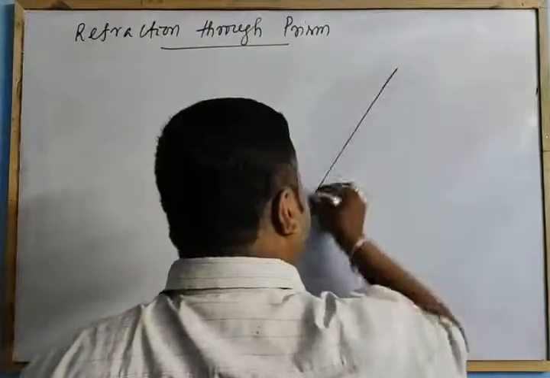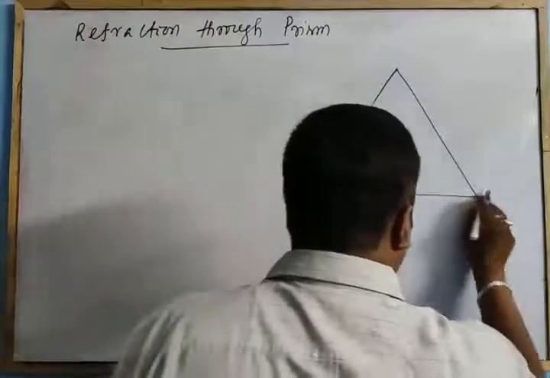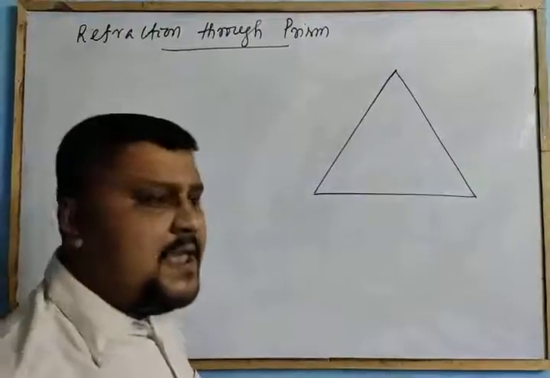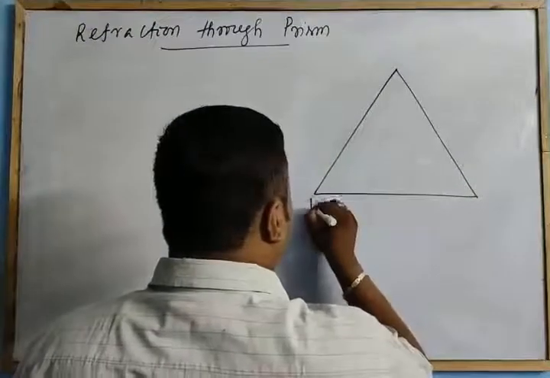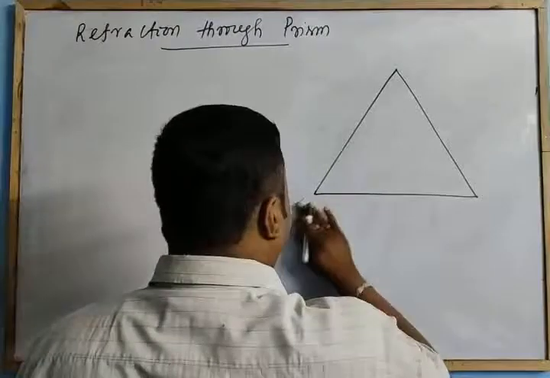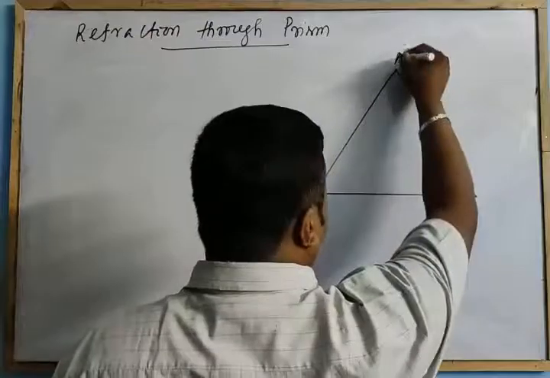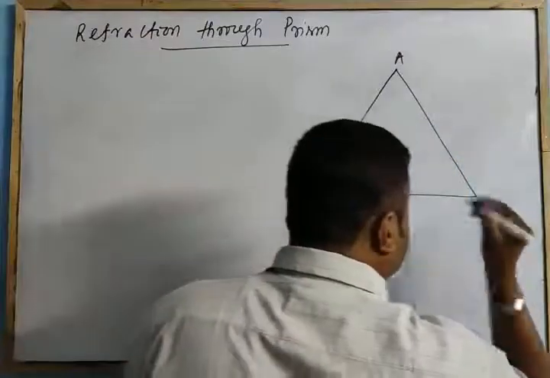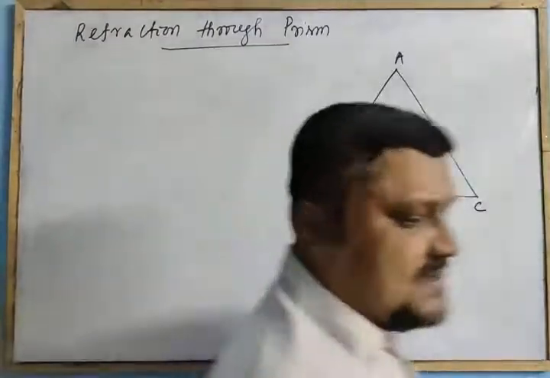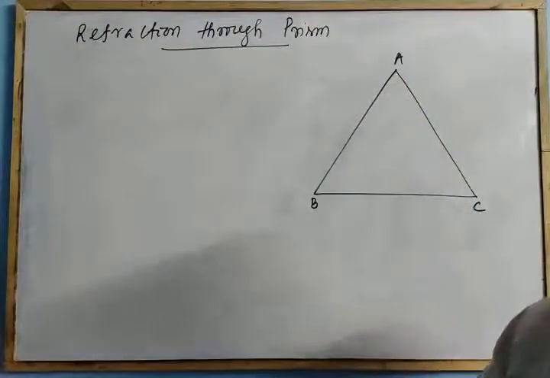Let me show the principal section of a prism like this. Here A, B, C is the principal section of the prism, where A is the angle of the prism.